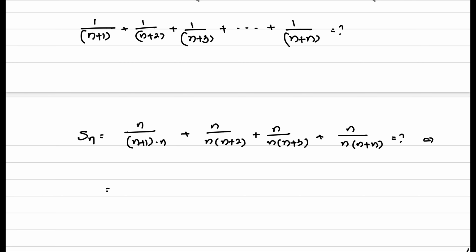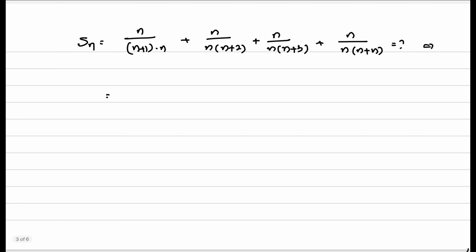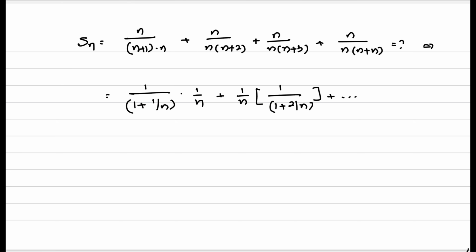That implies Sn is equal to, this can be written as 1 by 1 plus 1 by n, into 1 by n, plus 1 by n into 1 by 1 plus 2 by n, plus up to 1 by n into 1 by 1 plus n by n.